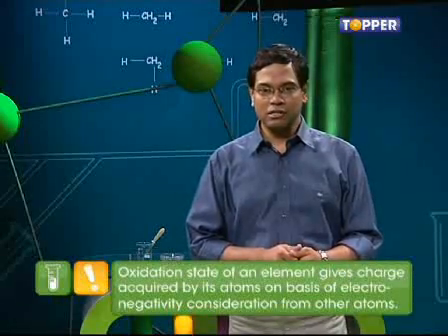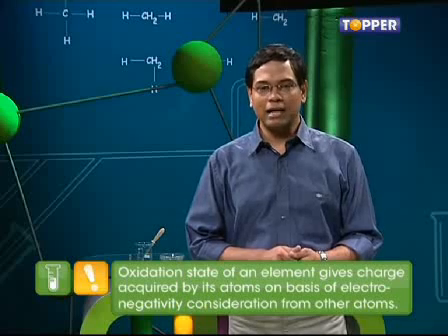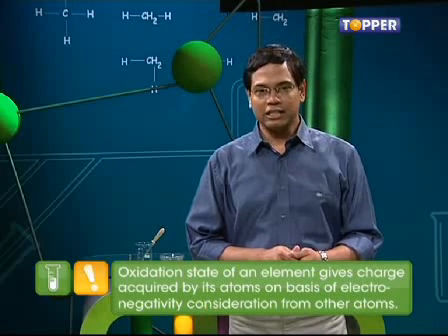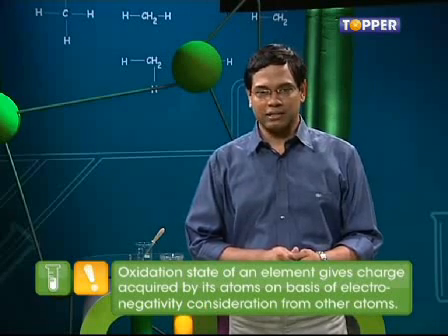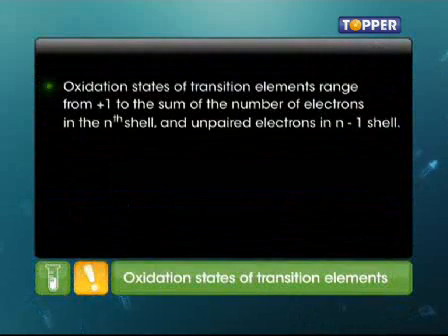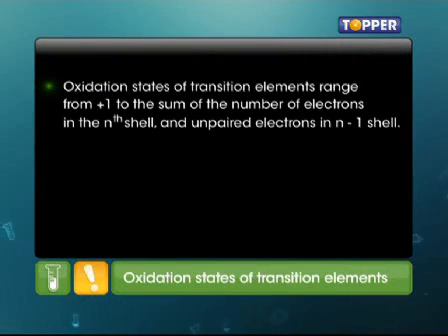Here you must note that the number of electrons lost by a neutral atom is called oxidation number or oxidation state. Oxidation number of transition elements range from +1 to the sum of the number of electrons in the nth shell and unpaired electrons in the n-1 shell.